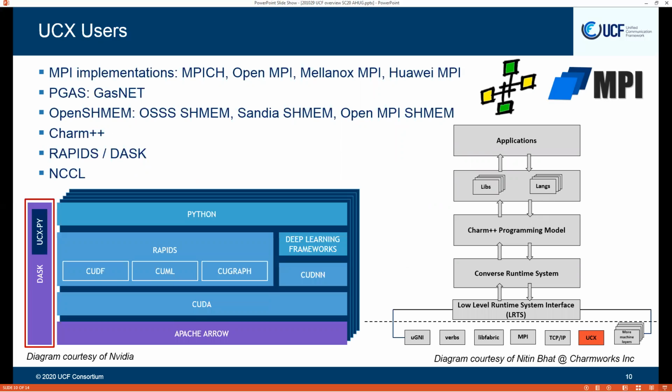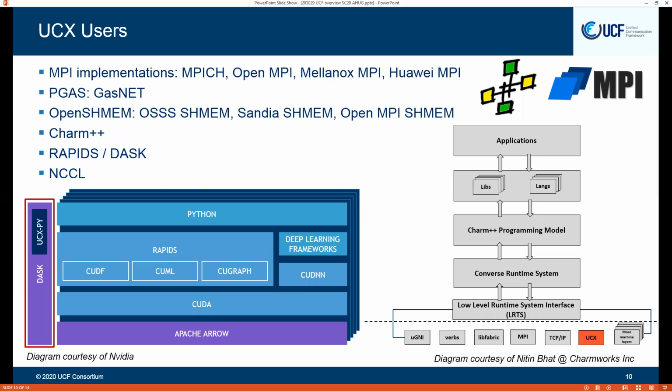UCX users are coming from many areas of the market, many areas of compute and data intensive applications. From an MPI perspective, virtually almost all MPIs are using UCX or parts of UCX. PGAS, leveraging UCX for GasNet. OpenSHMEM, leveraging UCX to provide a better performance and better scalability.